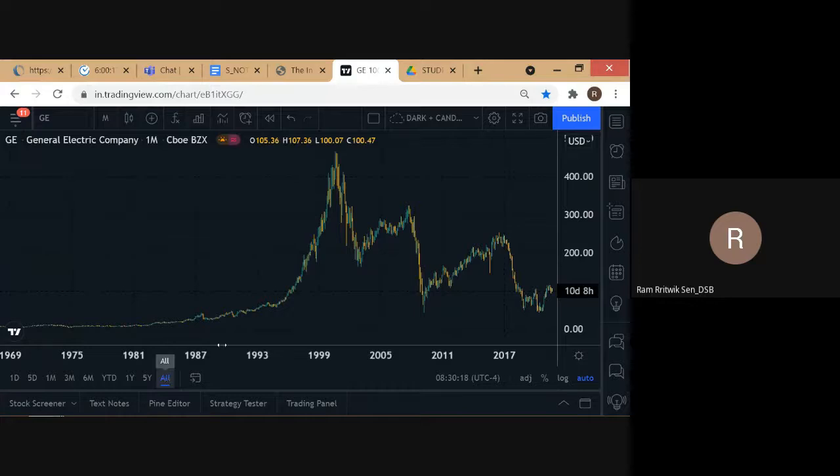Okay, look at General Electric now. So you could say that, well, the fair value of General Electric is $300, but it's trading at $100. This is because the market is stupid and it has sold down the stock without understanding the true value of the stock. So I'm going to buy it here and wait for it to move to 300. Okay, so this is basically what he's talking about here.